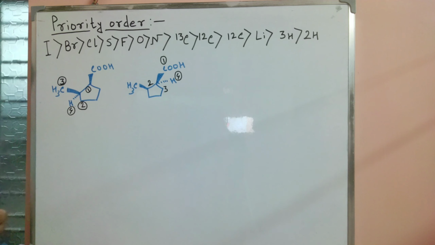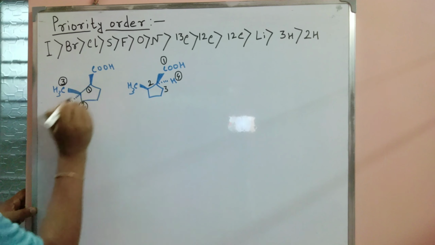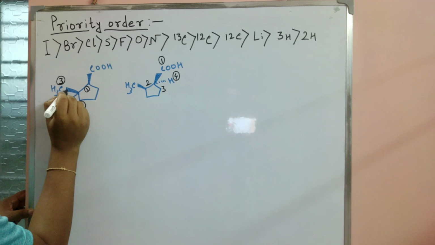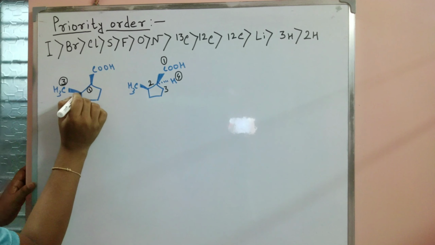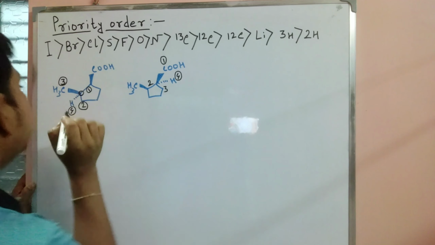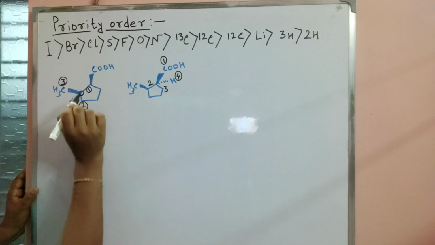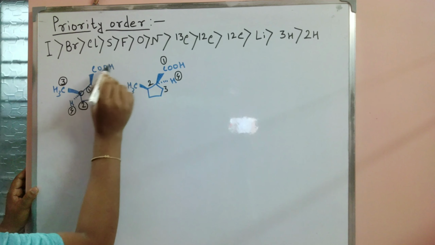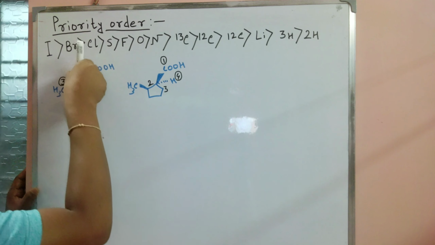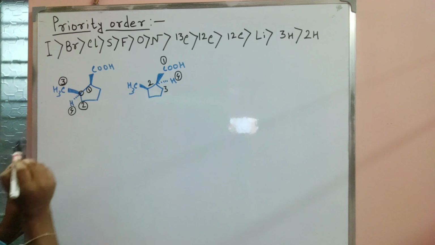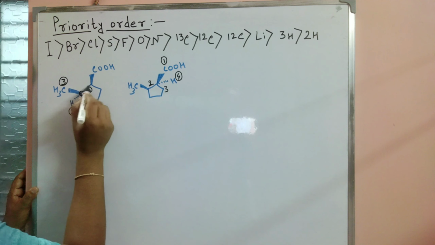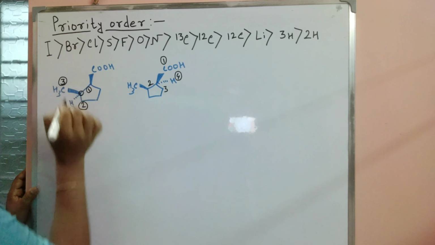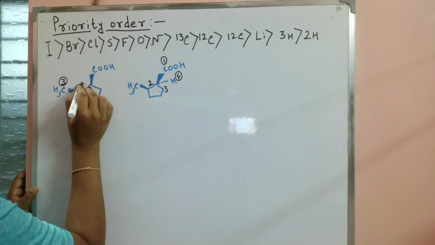The important example is here. Here 2 stereo centers are present, one COOH and one CH3. At first we consider that carbon atom. According to this carbon center, when we go from the upward side, one COOH group is present, but when we go downside, one CH2 group is present. So this bond has high priority, then the second bond, then the third bond CH3, and 4. So this rotation is clockwise.